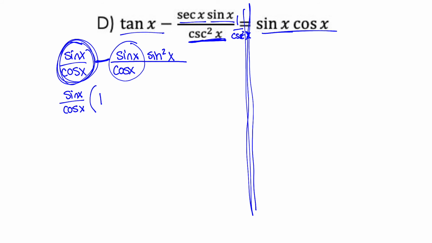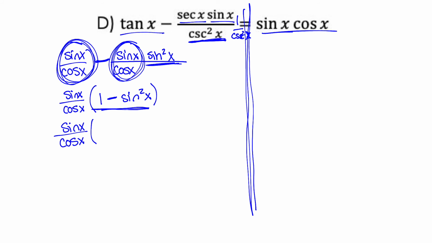And then I have minus, and taking this out I'm left with sine squared x. So I just factored that sine x over cosine x out. I basically factored out tangent of everything. Okay, so we know that this is a Pythagorean identity. So I'm still going to leave this sine and cosine here.